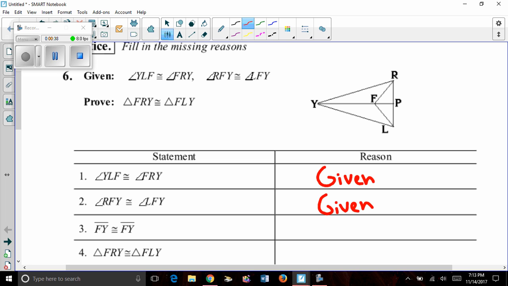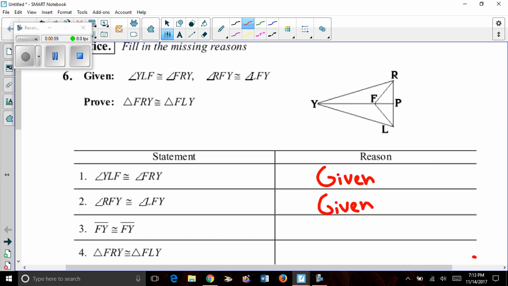and I also like to mark everything possible on the picture to make sure I'm visually seeing what's happening. So let's start with the first given part about angle YLF and angle FRY.